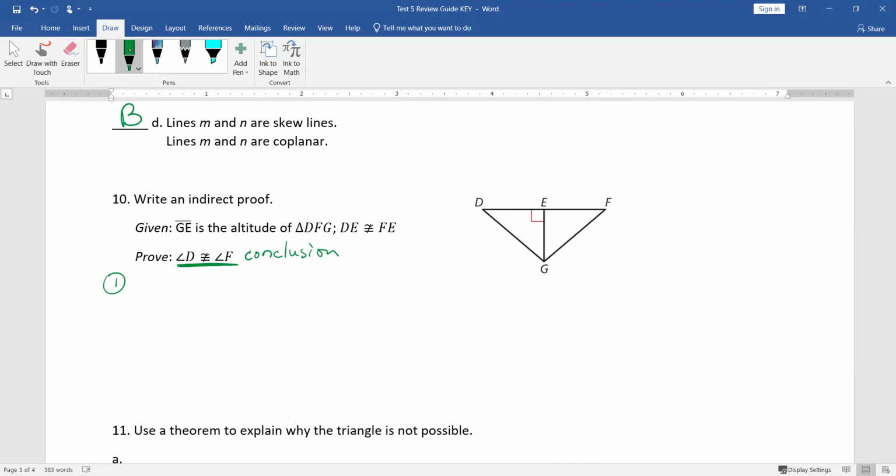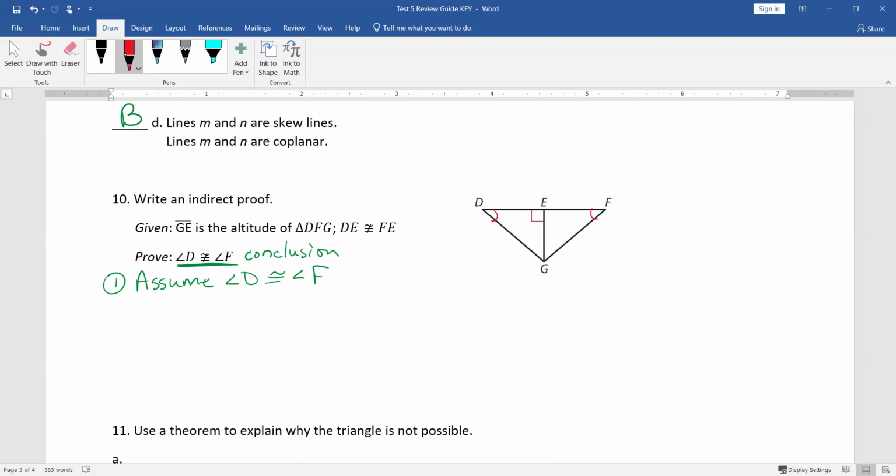So words are hard. Let me just show you what I'm talking about. So first, we need to assume that angle D is congruent to angle F. All right, so if that's the case, let's go over here. Angle D is congruent to angle F. So we know that if it's an altitude, it is perpendicular to DE and EF. But the fact that it's an altitude tells us absolutely nothing about where it lands on that line DF. It's not necessarily at a midpoint. But it is a right triangle.